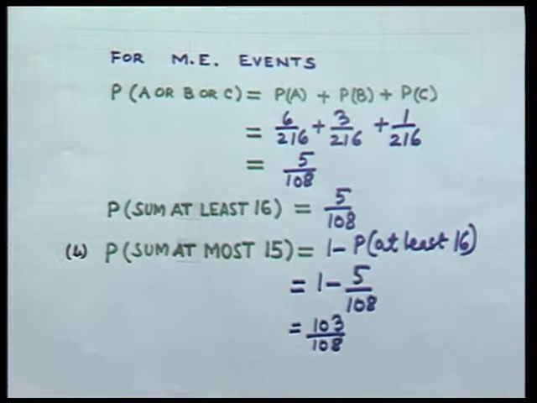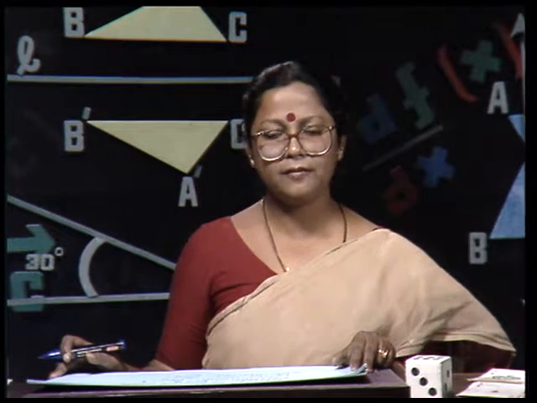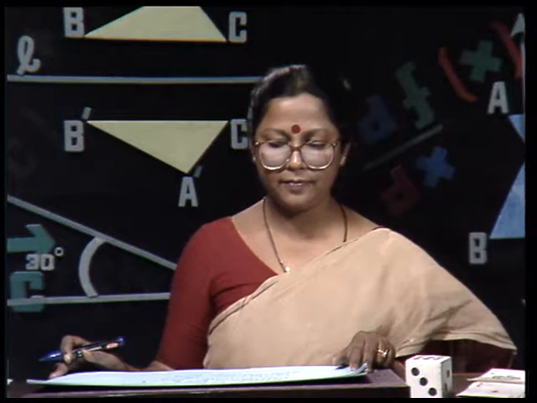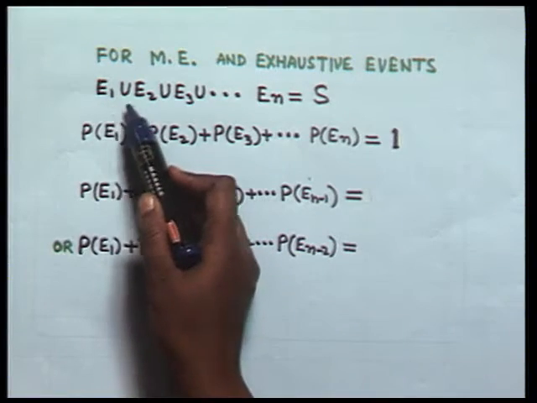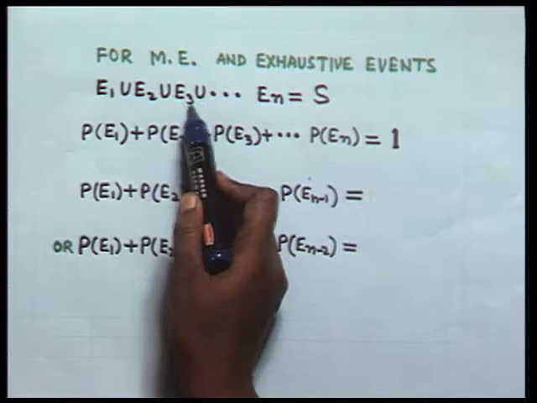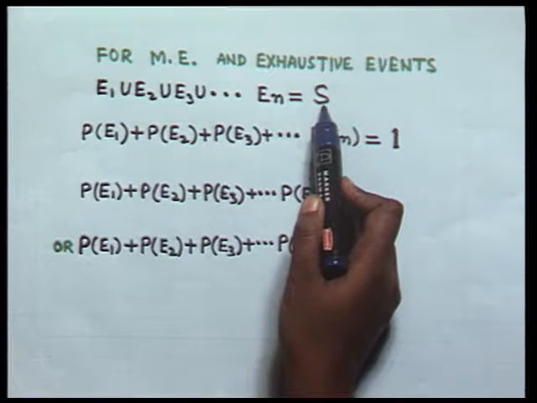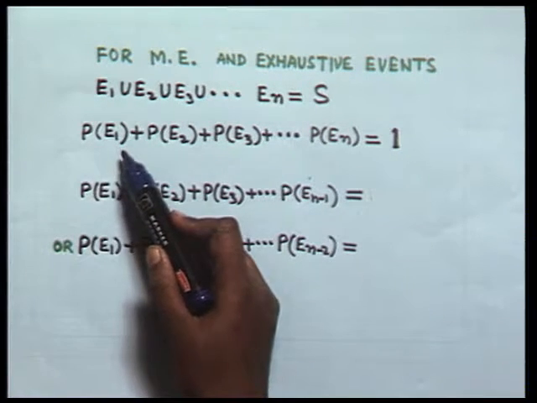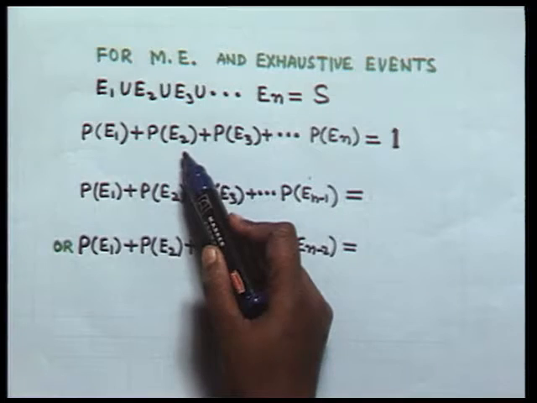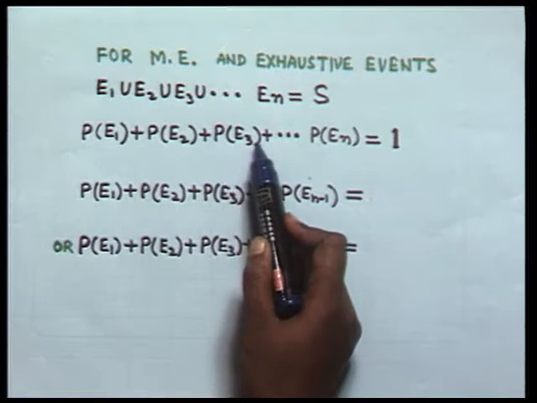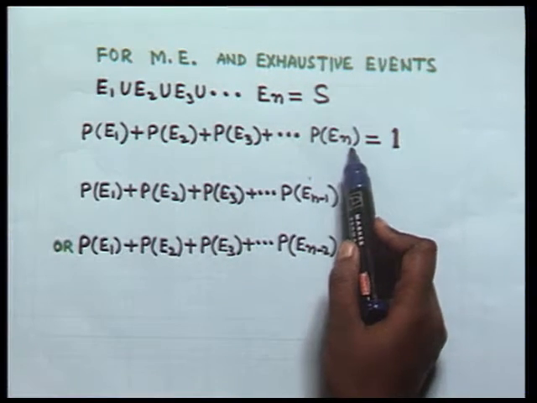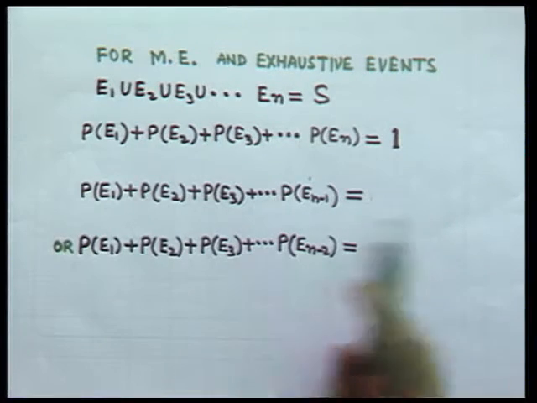Thus, we observe that if E1, E2, E3, ..., En are a system of mutually exclusive and exhaustive events, then E1 union E2 union E3 ... union En is equal to the sample space, and probability of E1 plus probability of E2 plus probability of E3 and so on plus probability of En is equal to 1.